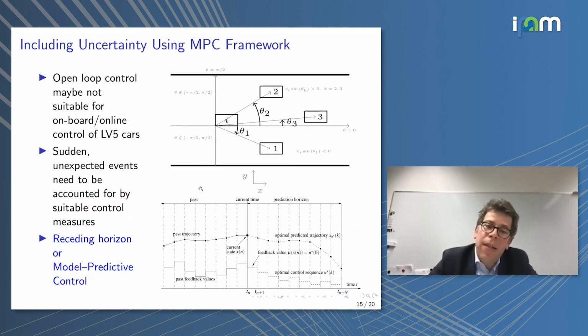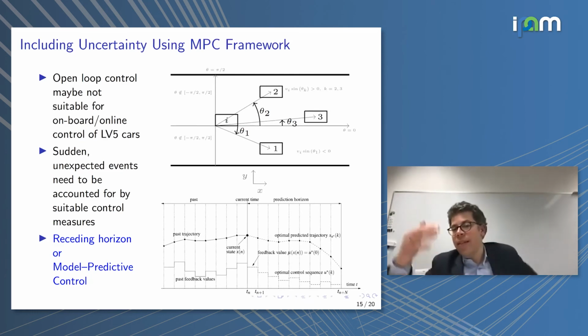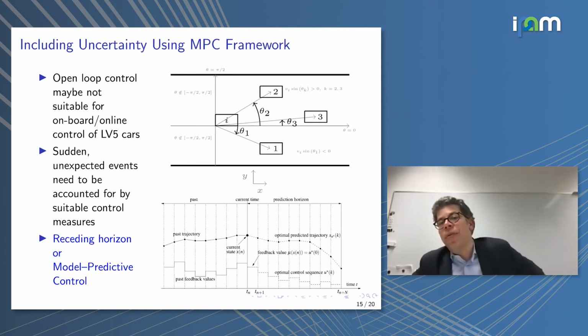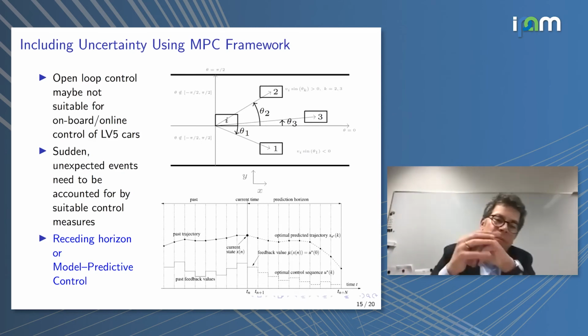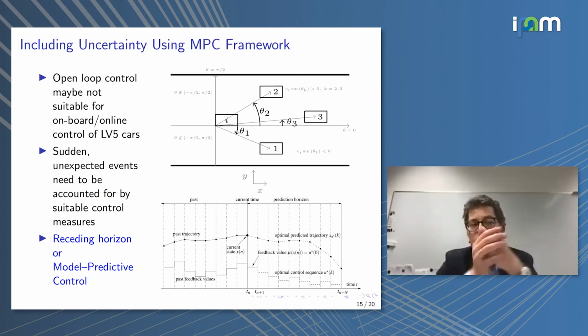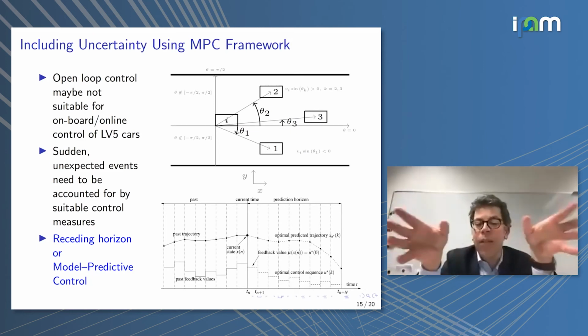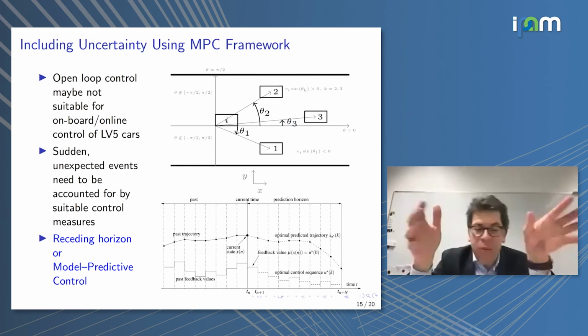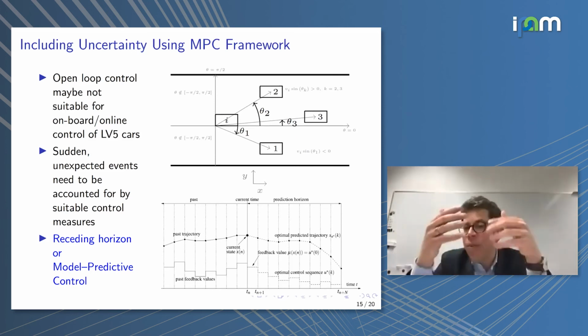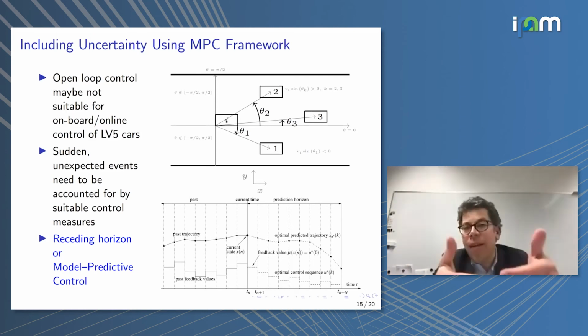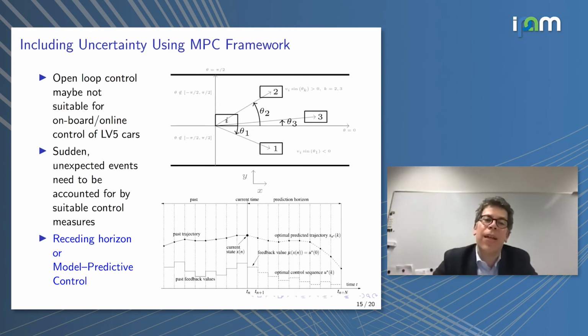And typically, I would expect that you need to introduce a certain number of uncertainties, as I had in the first part of my talk, also in this control setting, because maybe you predict a certain time horizon in which you can control your autonomous vehicle or control traffic lights or whatever, but then some unexpected things happen, so you would like to restart this control procedure.